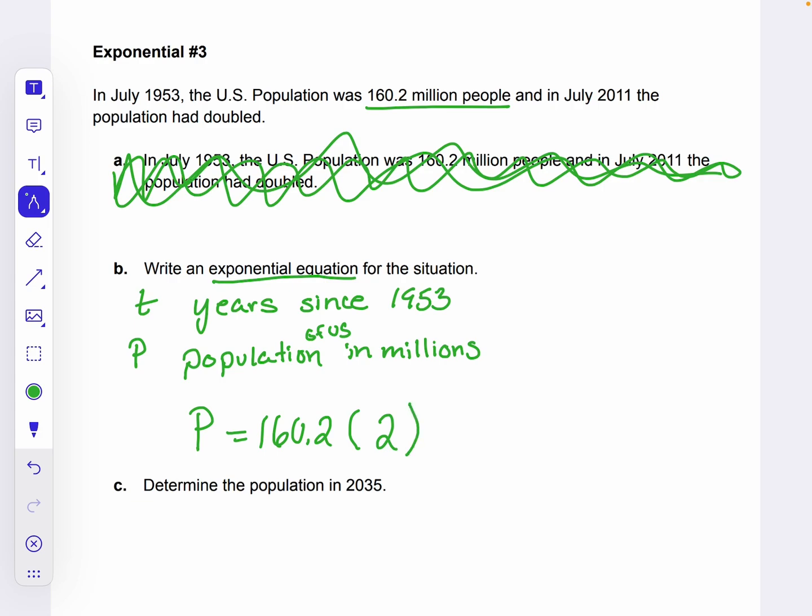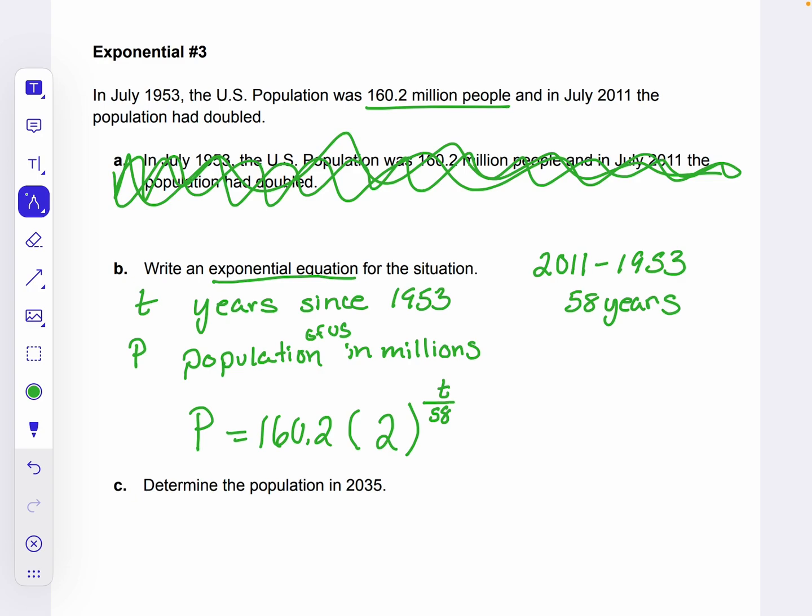But the issue is it doesn't double every year, so I have to make the exponent less. I need the time it takes to double. In this case, that was from 1953 to 2011. If I subtract those two values, I find that it took 58 years to double. And so I would have T over 58 here. And this is an exponential equation for the situation.